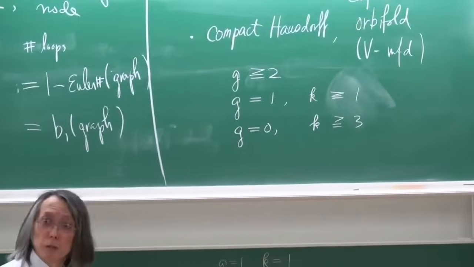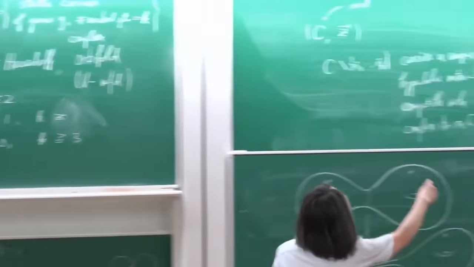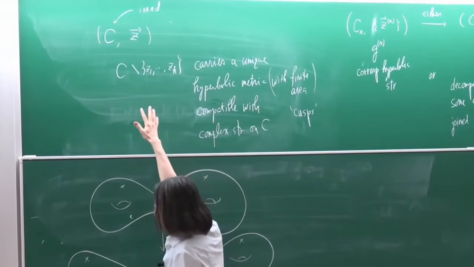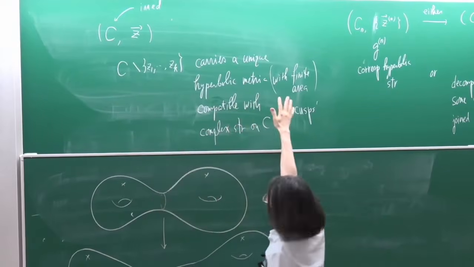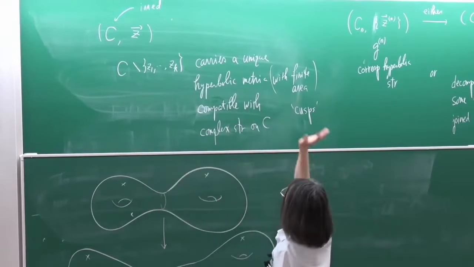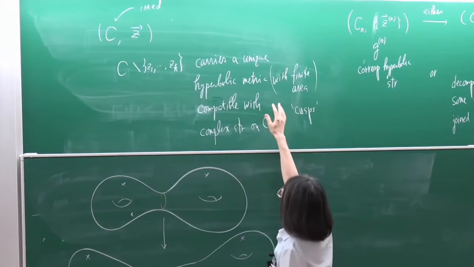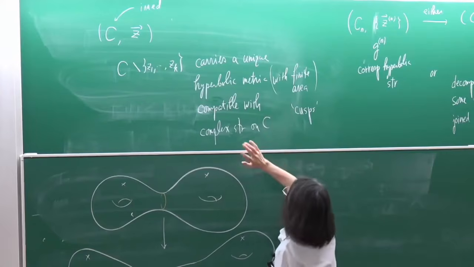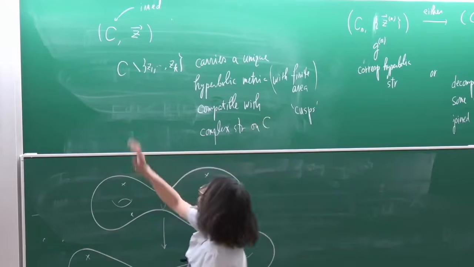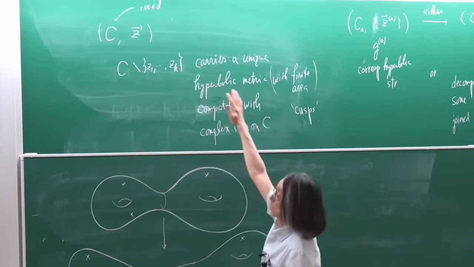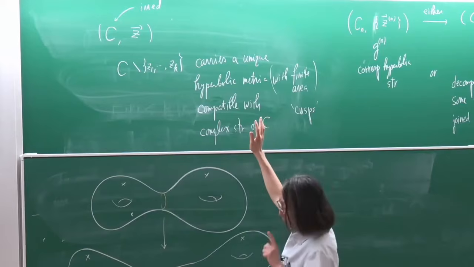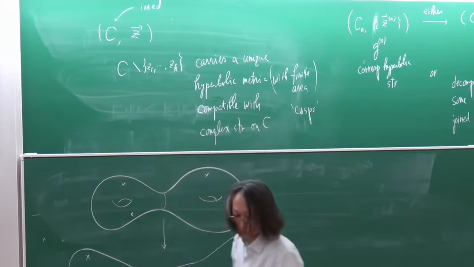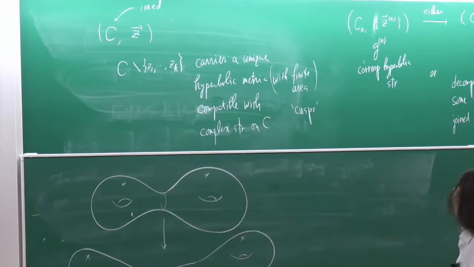And that also explains what the limit object is. Because you start from this, you have a complex structure, and the complex structure gives you this hyperbolic metric. Given this hyperbolic metric, you have an underlying conformal structure, and if you also remember the orientation, then you can recover the complex structure on the Riemann surface. So, remembering the orientation, there is a one-to-one correspondence between the hyperbolic structure and the structure as a Riemann surface.